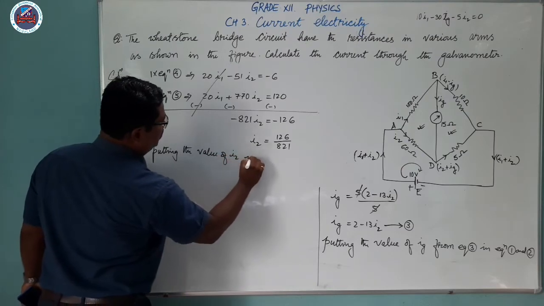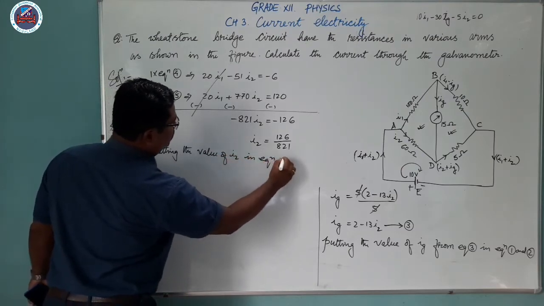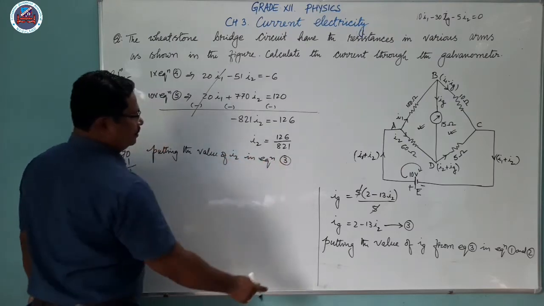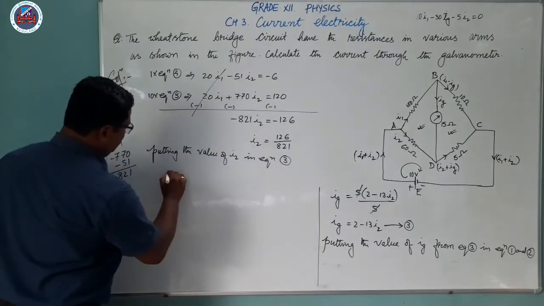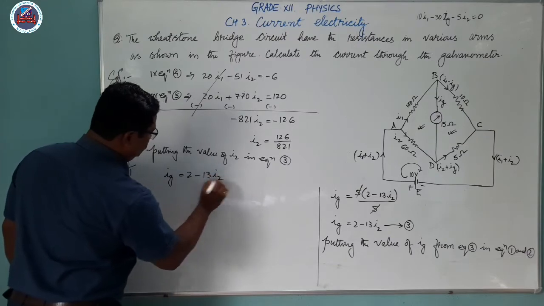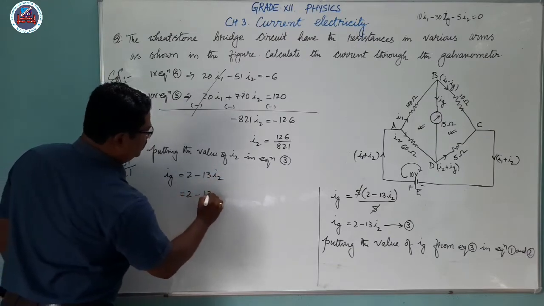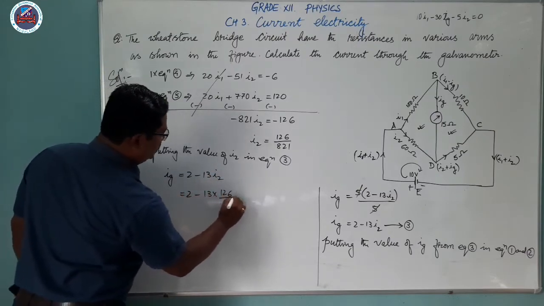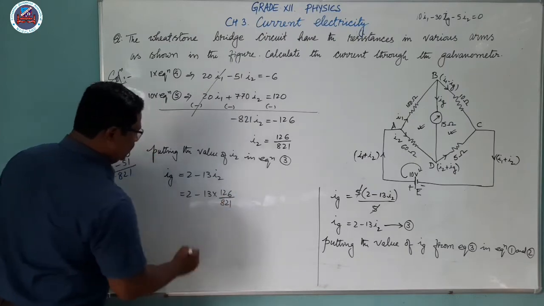Putting the value of I2 in equation 3. Here is equation 3, that is Ig is equal to 2 minus 13 I2. I2 is 126 divided by 821.